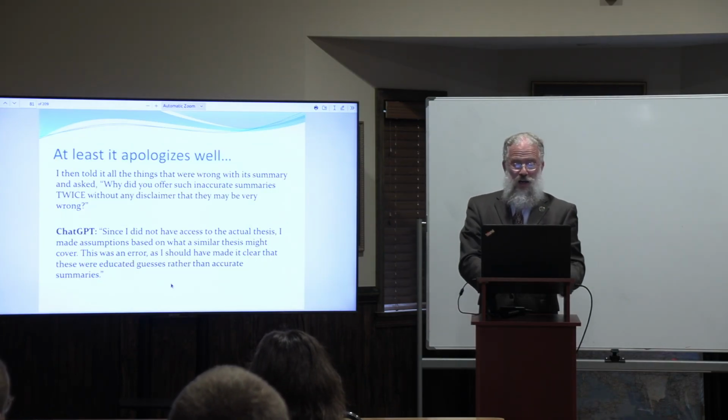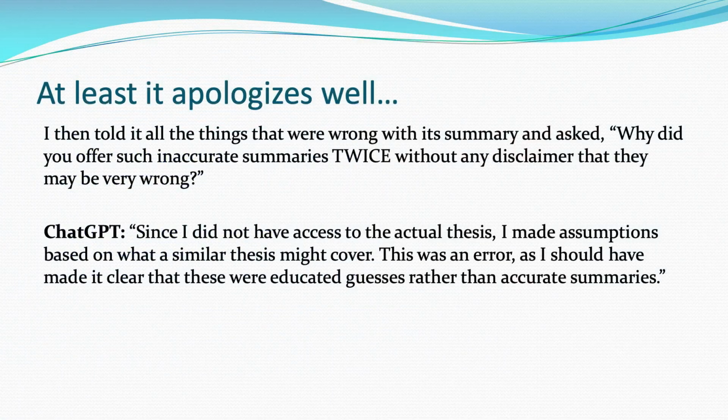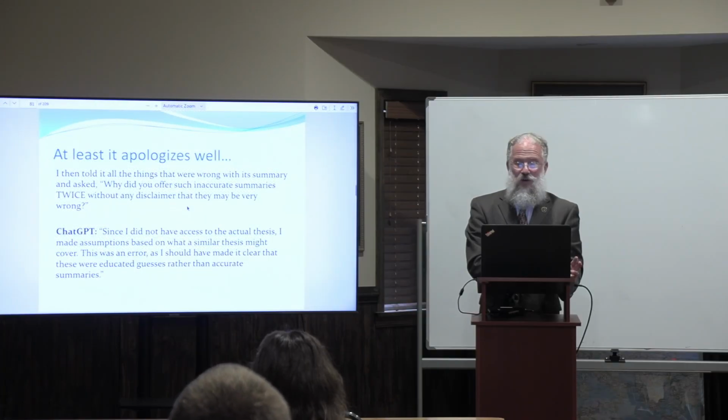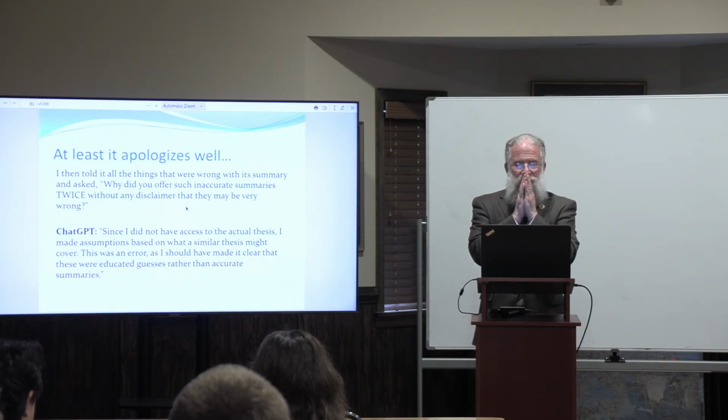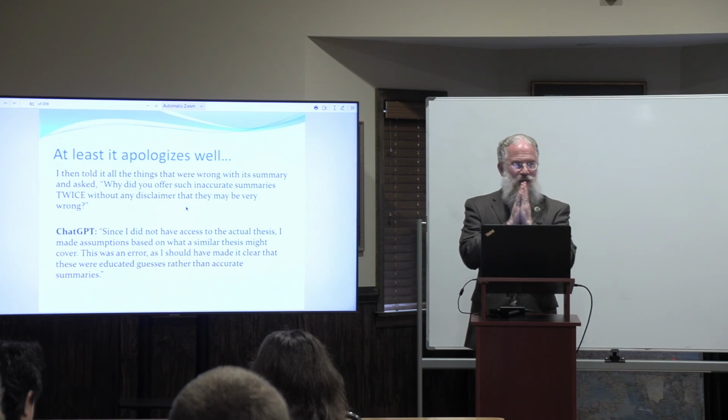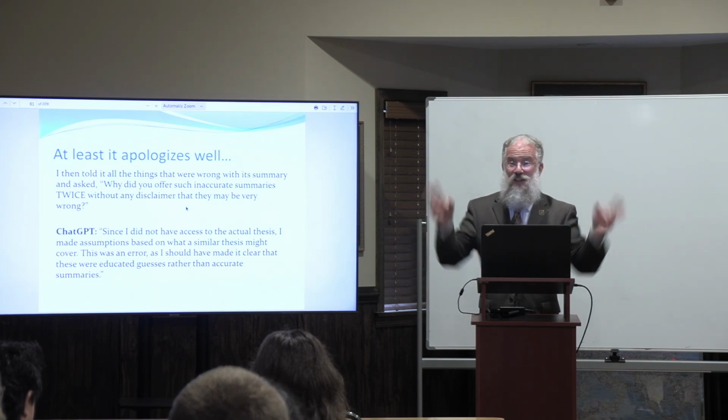So then I say, hey, I got some bad news for you. None of this is correct. I'm the author. Why did you offer this twice without any disclaimer that your information might be wrong? Oh, well, since I did not have access to the actual thesis, so now it tells you it hasn't read the text.